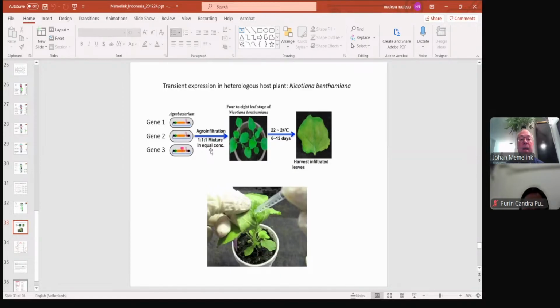In this example, I just mixed 3 genes, but you can mix 10 or 20 genes in one mixture and then test the whole combination to see whether they can then convert a certain substrate to a product. So the advantage of this whole method is also that it's a relatively quick method, because after the infiltration, you can test the leaf extracts after about a week or so.